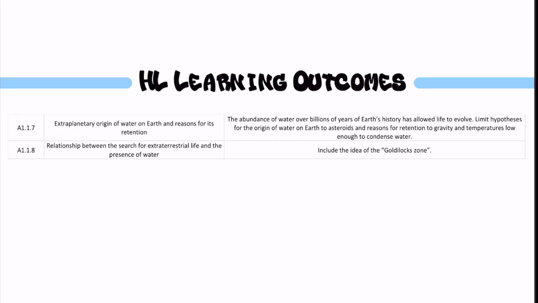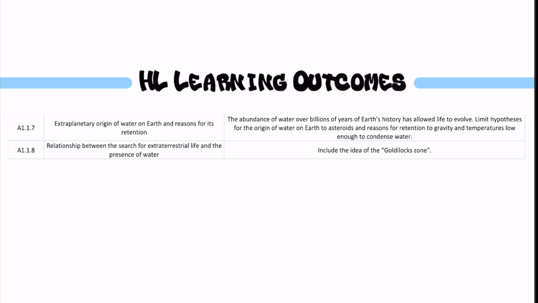Let's review the learning outcomes for additional higher level for subtopic A1.1 Water. In higher level, there are 2 learning outcomes that we've explored. The first one has to do with the hypothesized origin of water on Earth. In this one, we've explored the hypothesis that it had an extraplanetary origin, meaning outside of Earth.